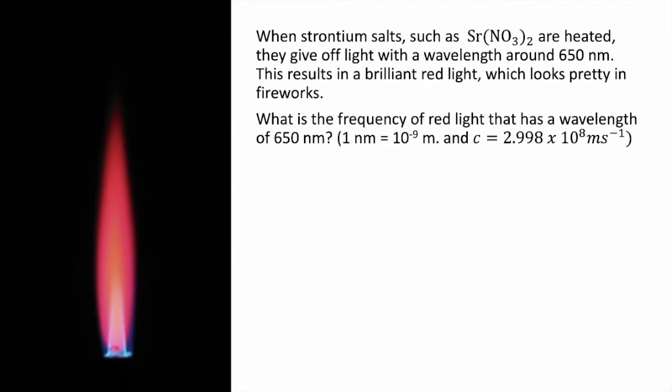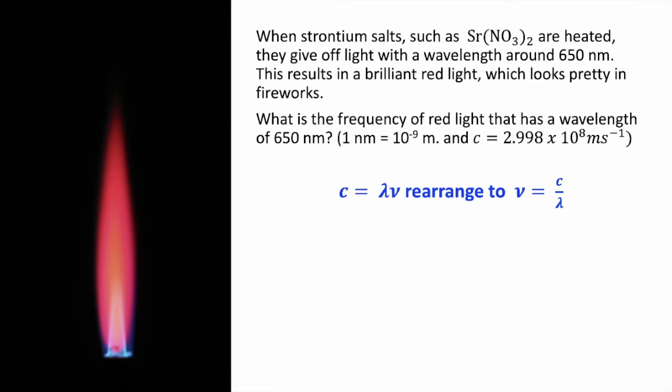1 nanometer is 10 to the -9th meters, and the speed of light is 2.998 times 10 to the 8th meters per second. Now, get used to doing some algebra. I think one of the easiest ways to work with these equations is to rearrange it first to solve for the variable you are interested in.